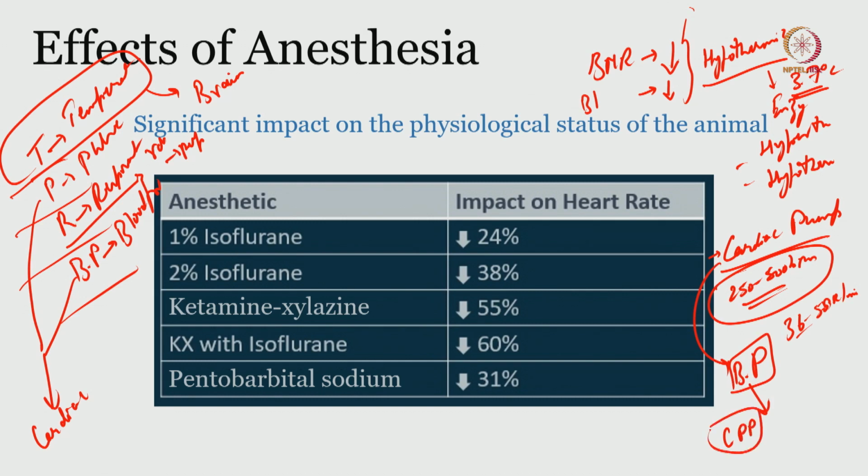All right. So, if the heart rate falls, the blood pressure will fall. When the blood pressure falls, the cerebral perfusion pressure will fall, wherein the oxygenation and metabolite delivery to the brain will come down, and it leads to what is known as hypoxic ischemic injury to the brain.